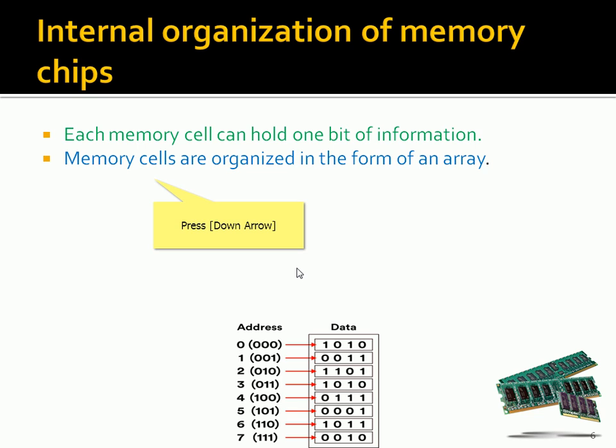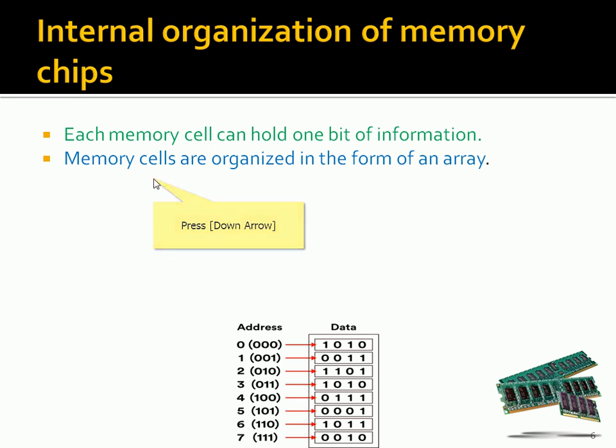The memory cells are organized in the form of an array, with the 0th, 1st, similarly 5th, 6th, and 7th rows. So the cells are organized in arrays, basically in matrix fashion. Memory will be organized in matrix fashion, so you can fetch either row wise or column wise.